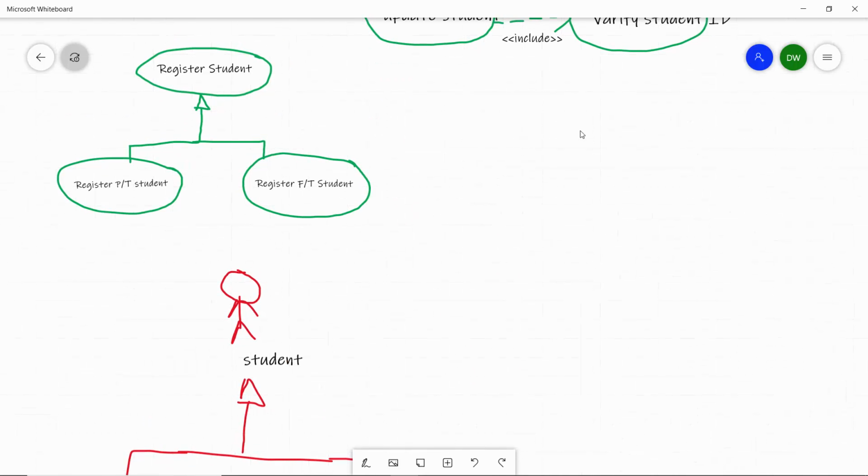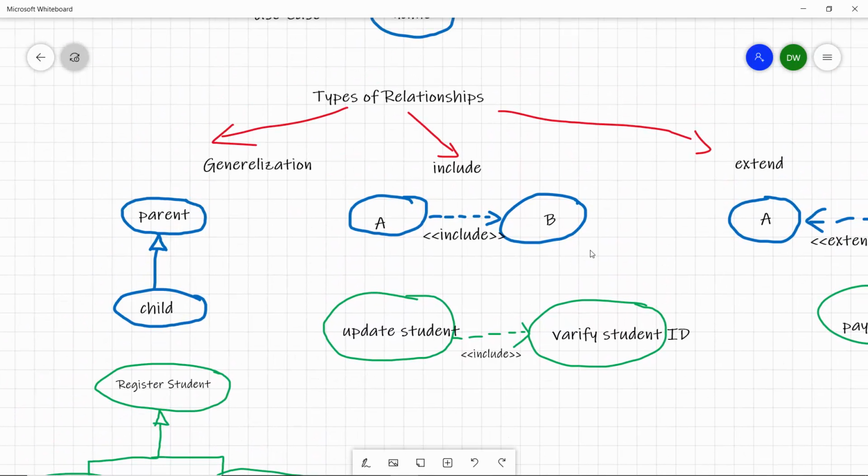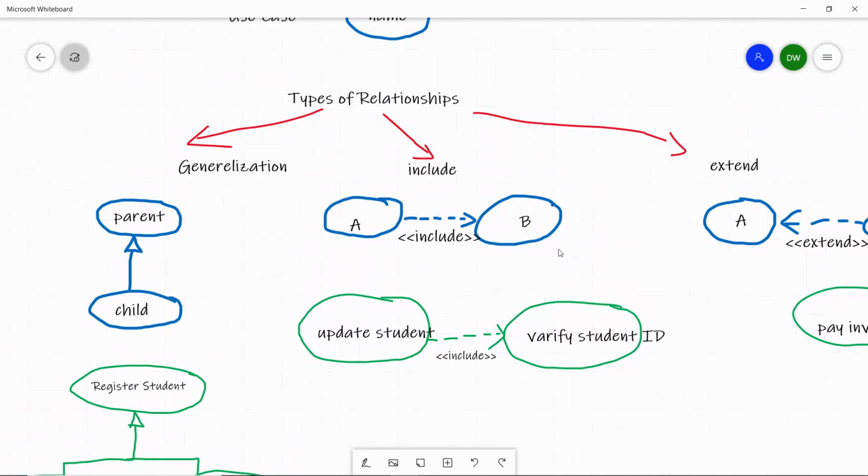Now I'm going to move to the include section. When we have an include relationship, we have to represent it similar to this, which I have drawn in blue color. Here I have taken A and B. The meaning of this relationship is A includes B. That means when you want to do an activity named A, you will have to look for another activity, complete that activity, and come back.